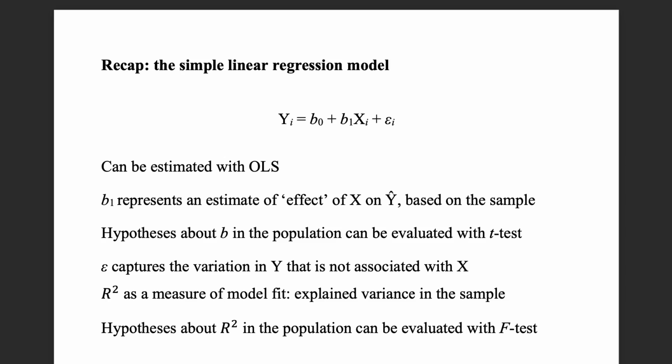Say, how likely is it that I find this f statistic or a larger f statistic under the assumption that it is in fact true in the population that we are not able to explain any variation whatsoever, so under the assumption that R-square is exactly 0 in the population. And again, there we can use the f distribution and look how far out in the tail of that f distribution we are with that f value. That will tell us something about the probability of this, about this probability value, this p-value.